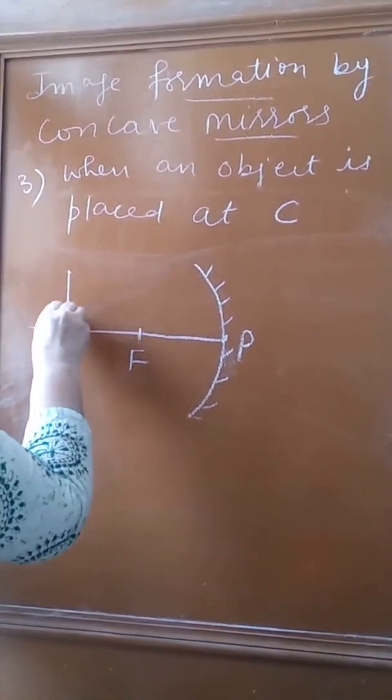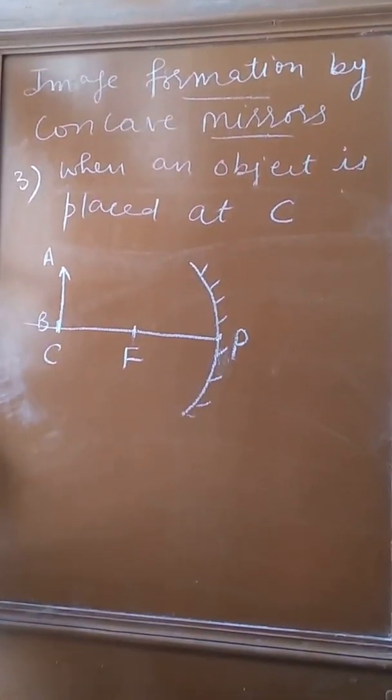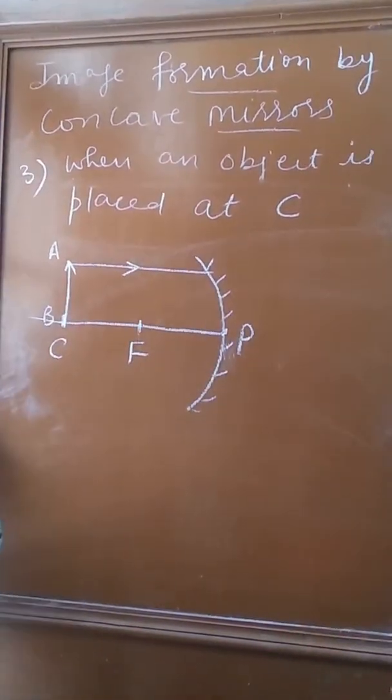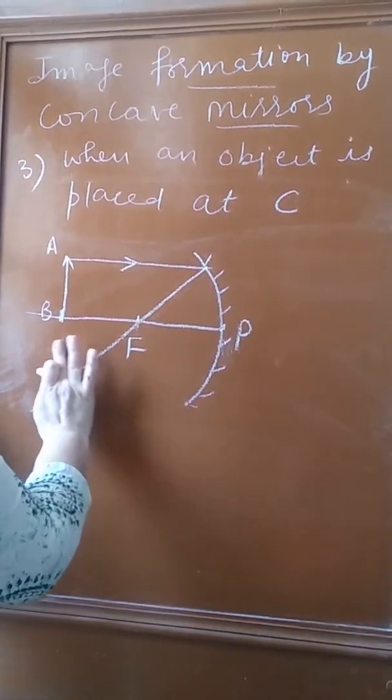When object AB is placed at center of curvature, the first ray parallel to principal axis passes through focus.